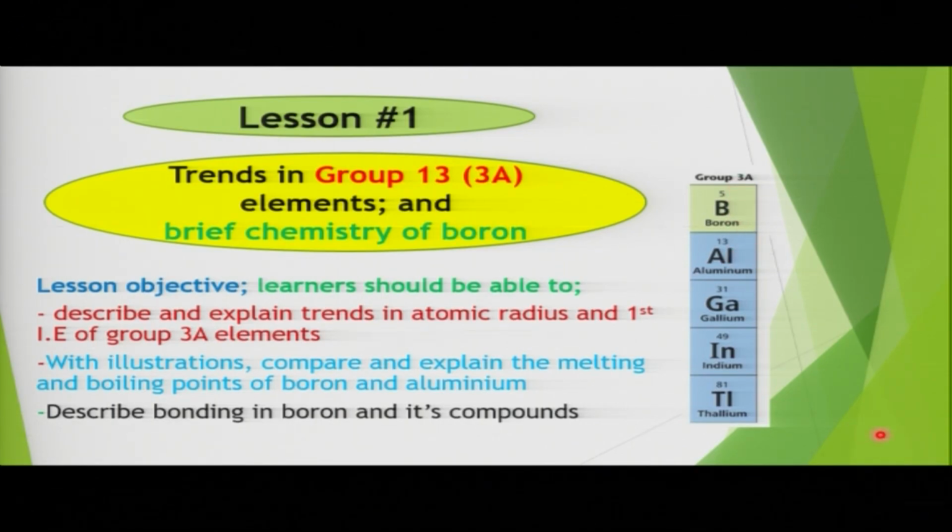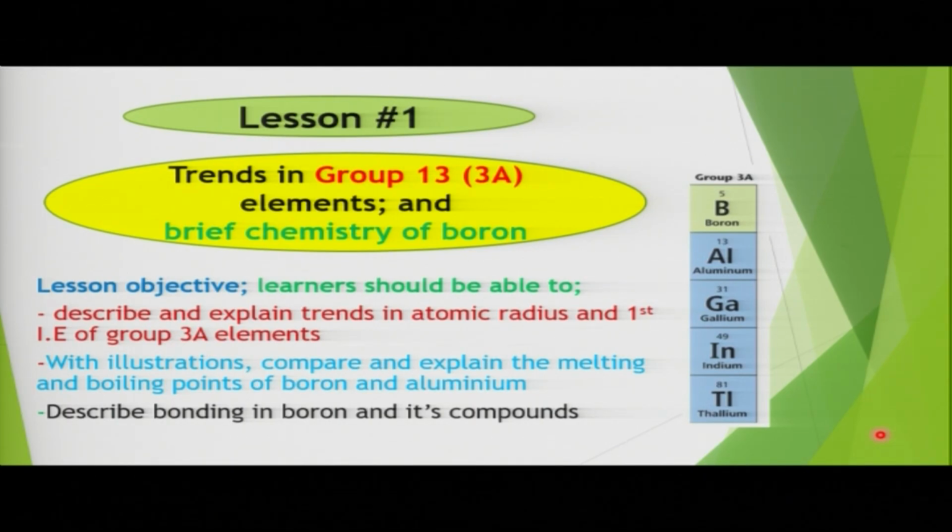So by the end of this lesson, our objectives are that learners should be able to, 1, describe and explain trends in atomic radius and the first ionization energy, which we abbreviate as IE, of group 3A elements. That's the first objective.